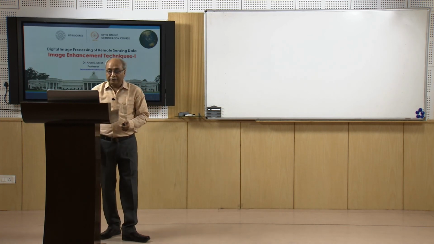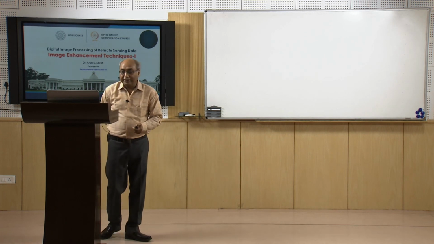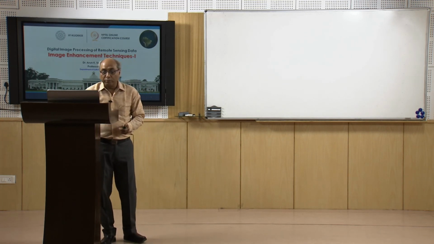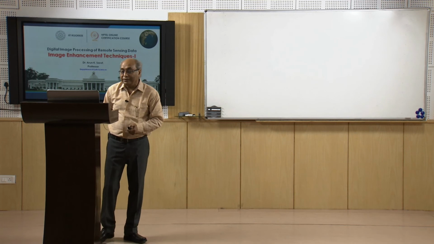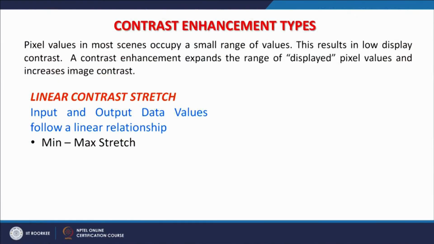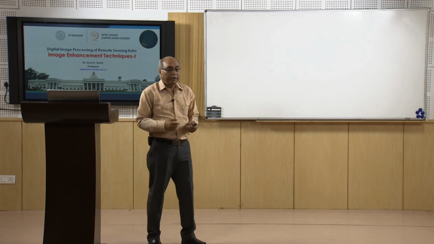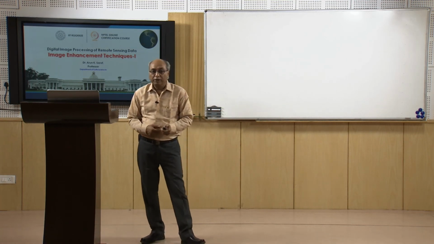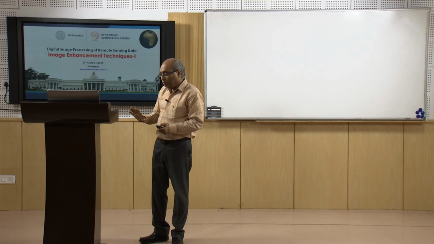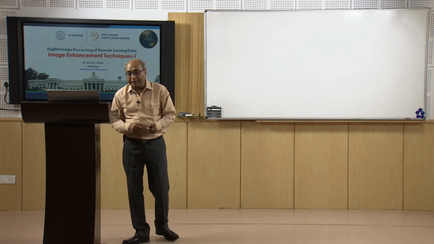So there are various types of image contrast. In the linear contrast stretch, the input and output values follow a linear relationship, a minimum-maximum stretch. We also have percentage stretch, standard deviation stretch, piecewise linear stretch, and sawtooth stretch. Various types of algorithms or approaches people have developed, but they fall under linear contrast.